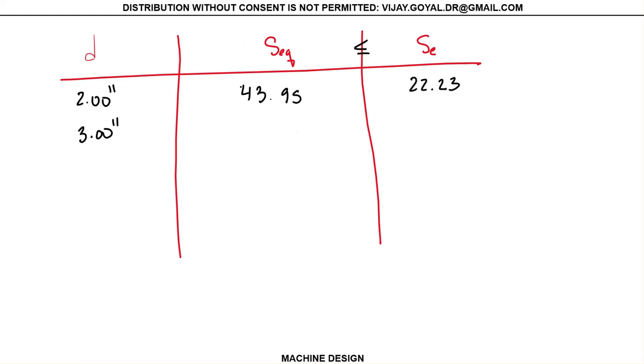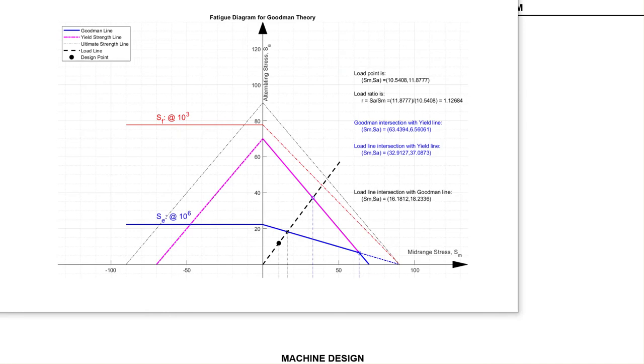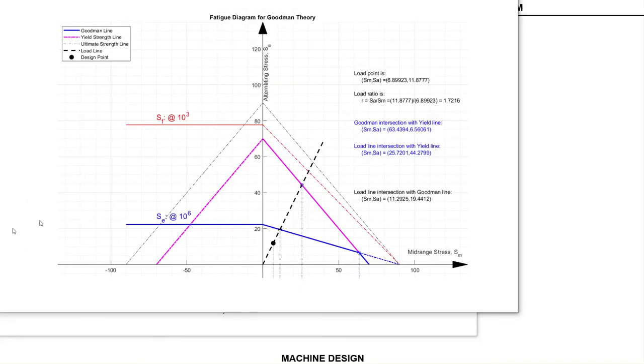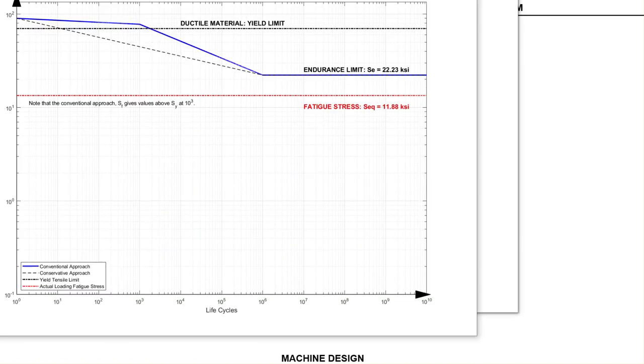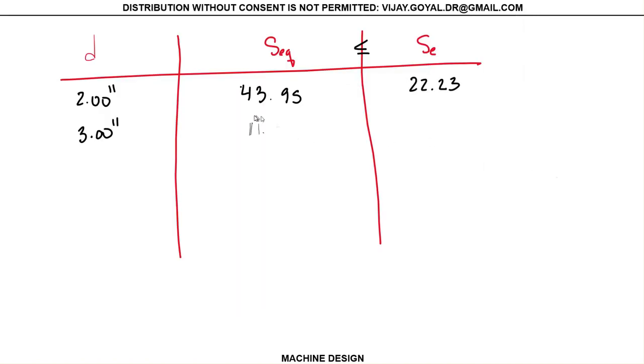So the value that I get is 11.88, and this is 22.23.